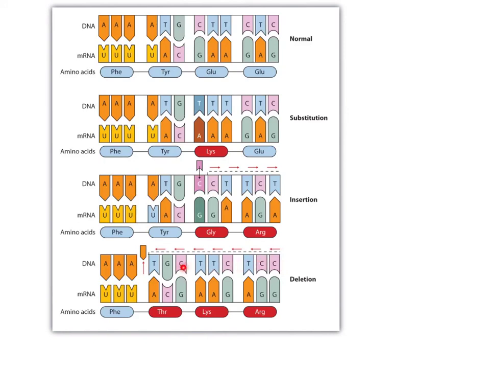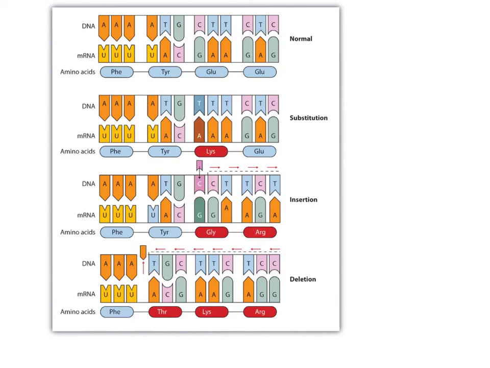So then everything has to shift up. So as I begin to read my messenger RNA, you notice that all of the amino acids that come after the deletion are affected, just like every amino acid that came after the insertion.